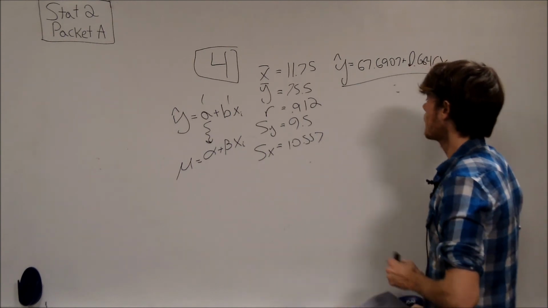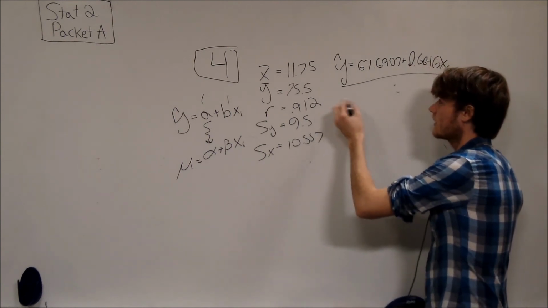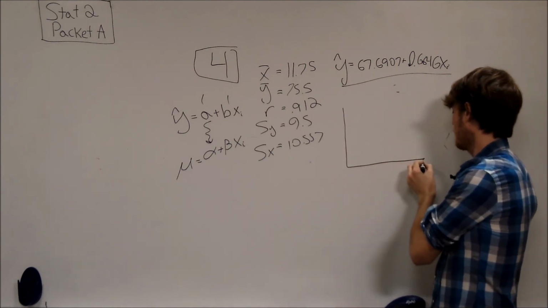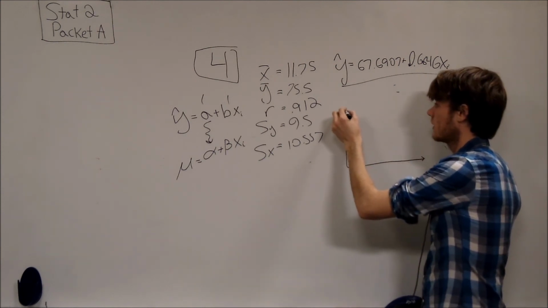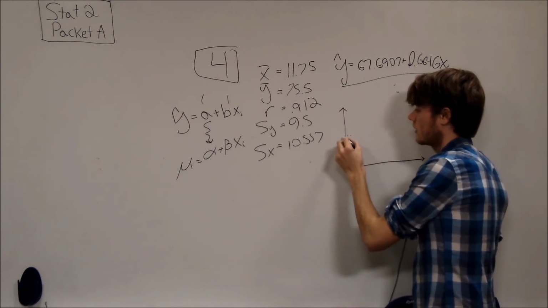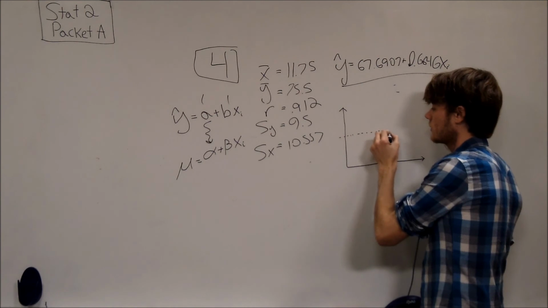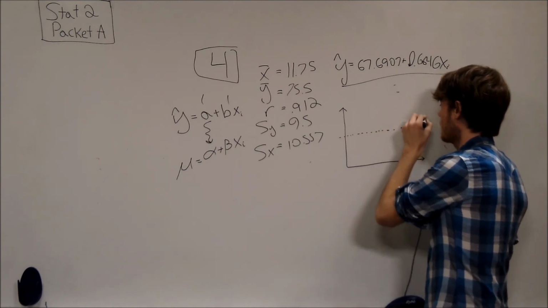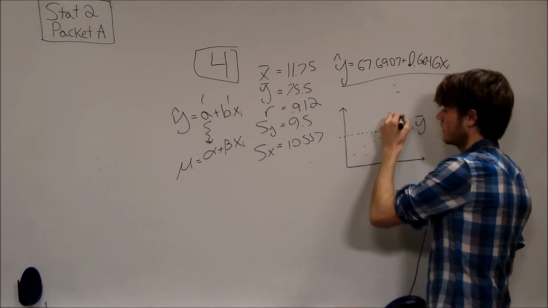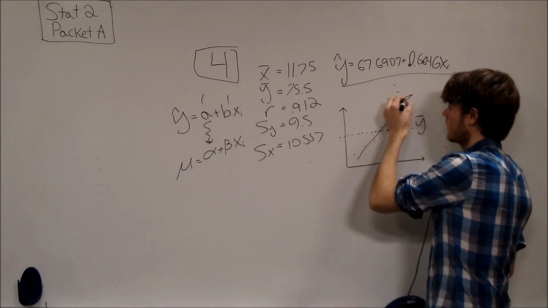Okay, so we're going to run an ANOVA on this regression equation, and what that is doing is telling us which line is better. This is y bar, and this is our regression equation. So we have our data points, and this is our regression line, okay?